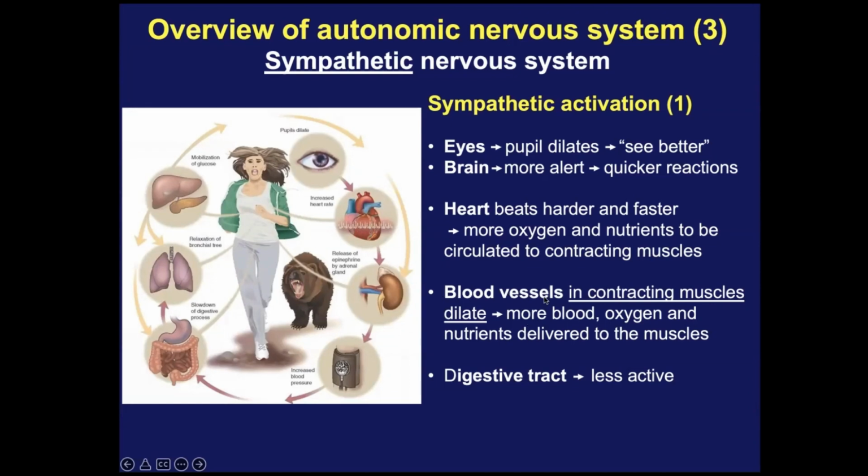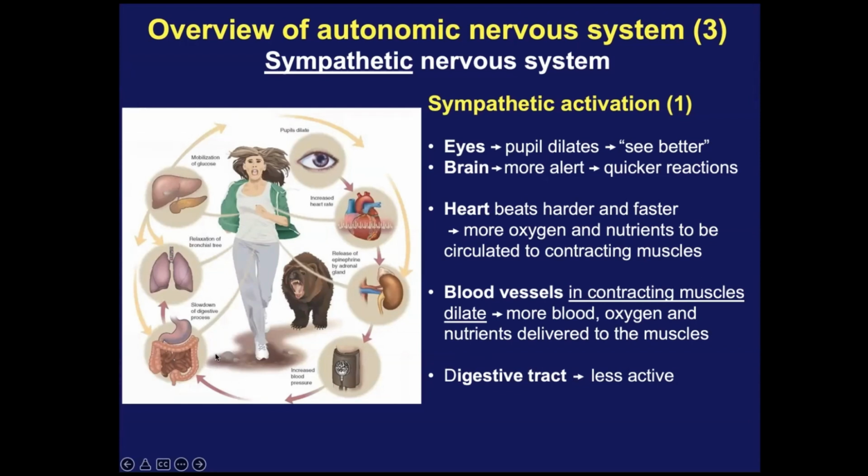And the blood vessels in the contracting skeletal muscle will dilate so that more blood carrying the oxygen and the nutrients can be delivered to the skeletal muscles to meet the higher energy requirement of the muscle during the responses.